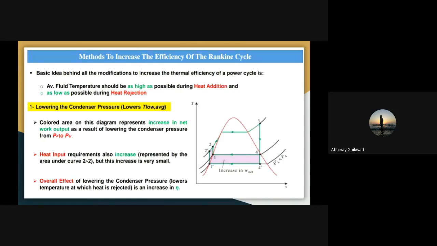So by decreasing the operating pressure, the saturation temperature corresponding to that operating pressure is also going to decrease, and so is the temperature where the heat rejection happens. So the effect of lowering the condenser pressure on the Rankine cycle efficiency, that I have explained, and I have shown the diagram, so you can see it in the diagram also.